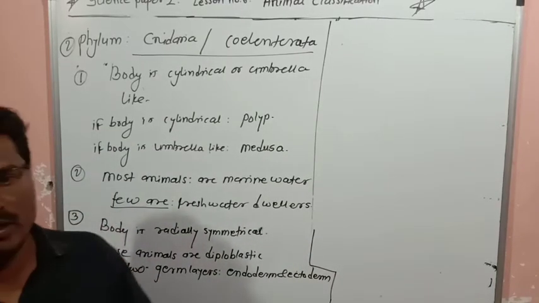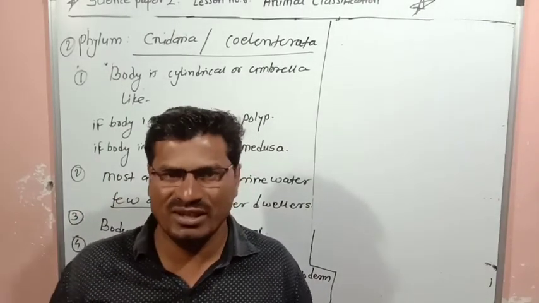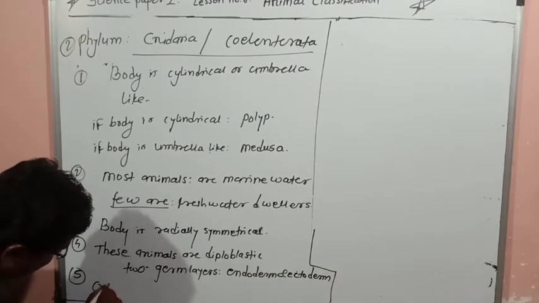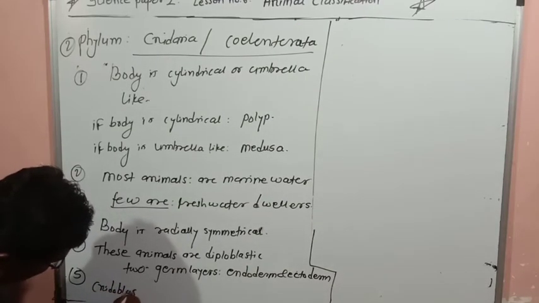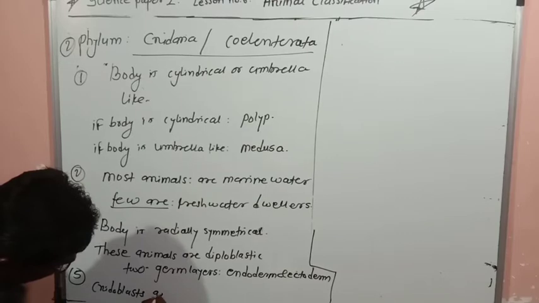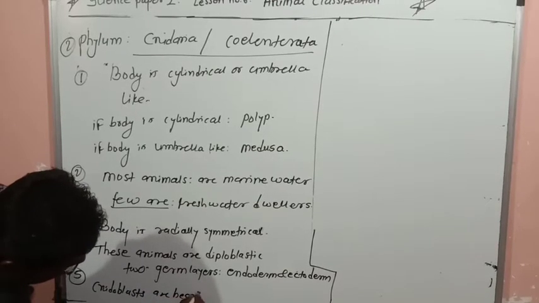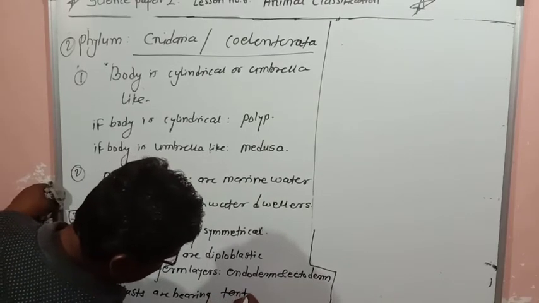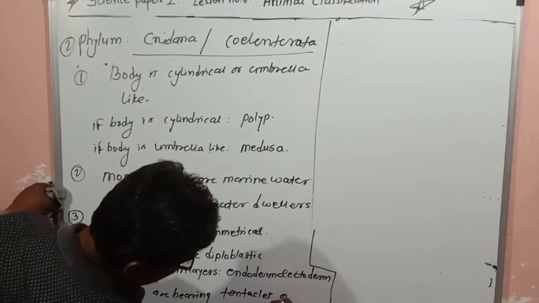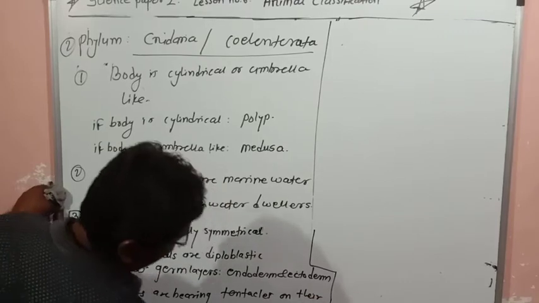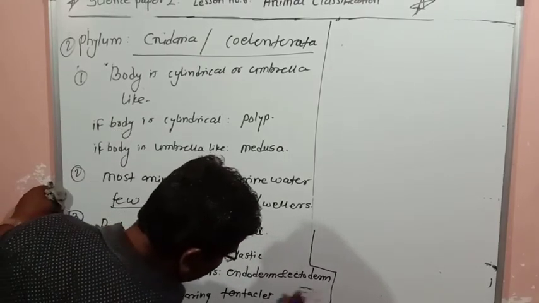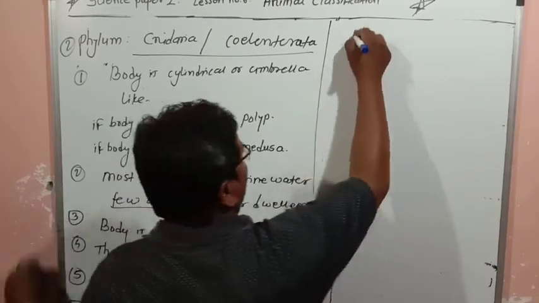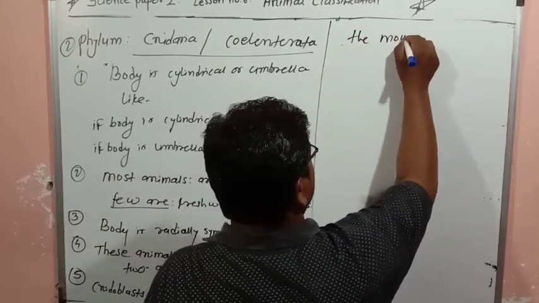What is the fifth point? They bear tentacles around their mouth. Bearing means having tentacles around the mouth.